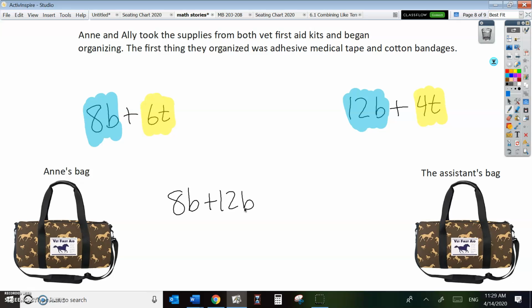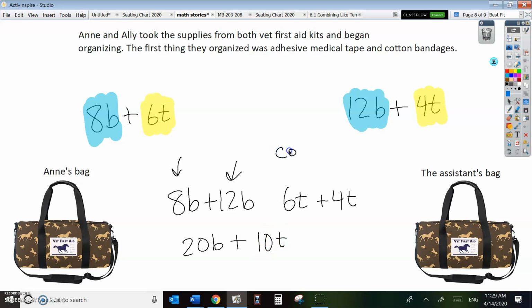And they gathered the 6 rolls of tape plus the 4 rolls of tape. And then, because these are bandages, you can combine the numbers. 8 bandages plus 12 bandages is 20 bandages. 6 rolls of tape plus 4 rolls of tape is 10 rolls of tape.